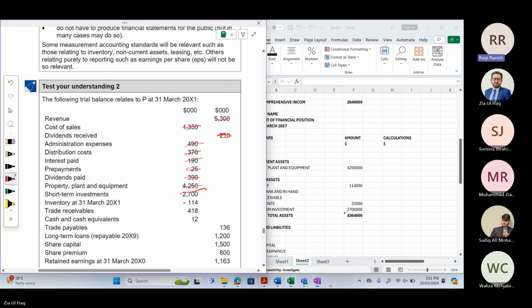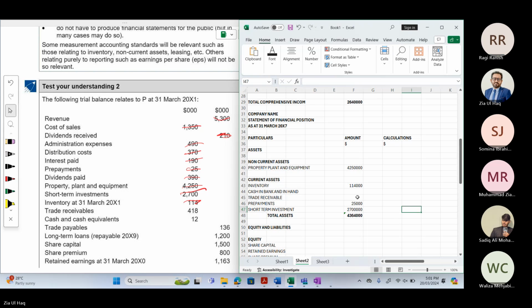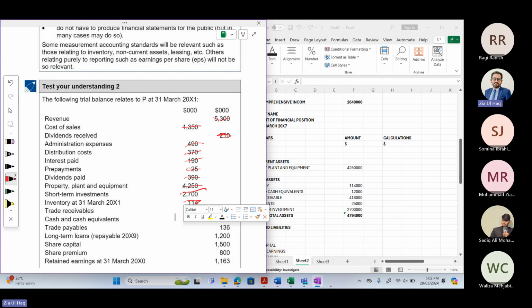Cash and cash equivalents. Trade receivables 418,000. Cash and cash equivalent 12,000. Make sure to use the terms that are used in the question, cash and cash equivalent. Okay, done.